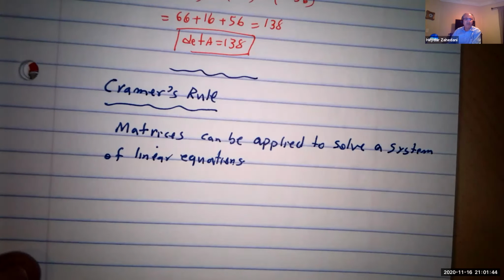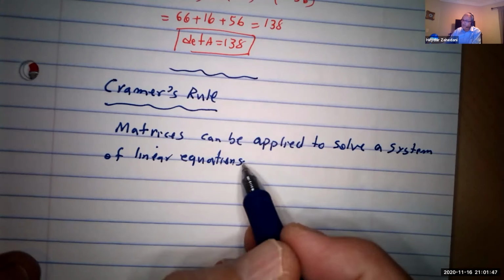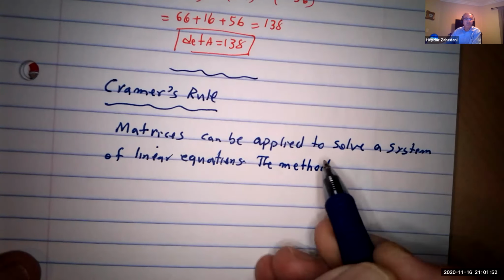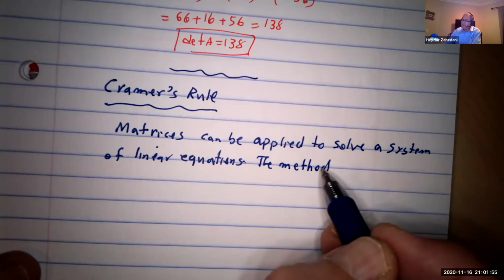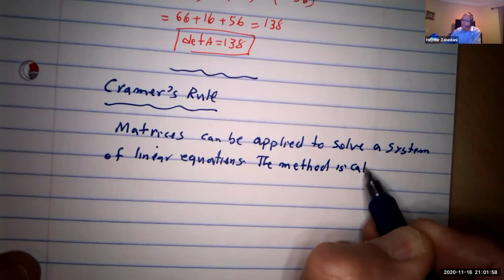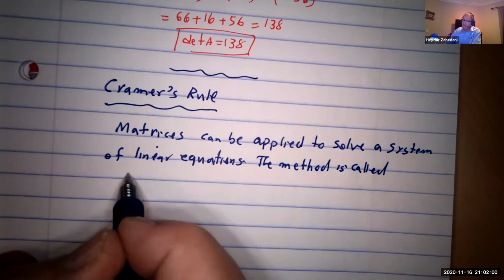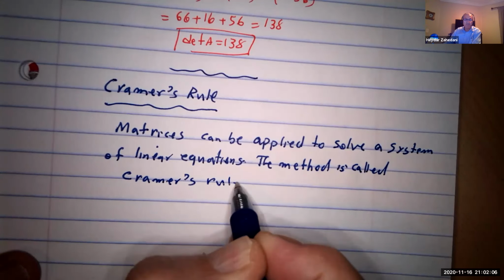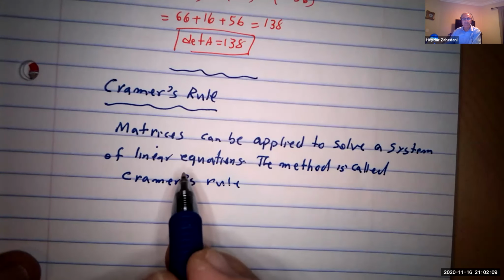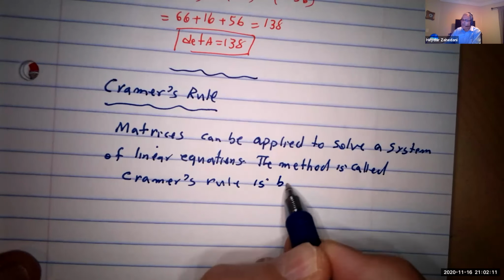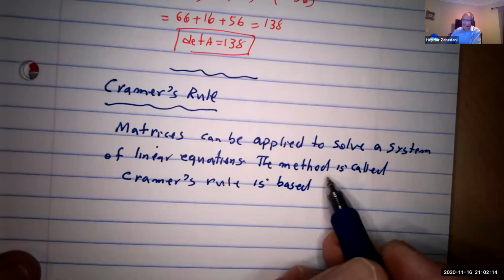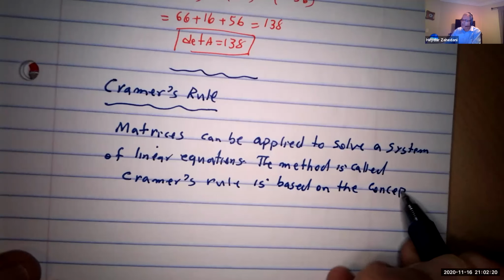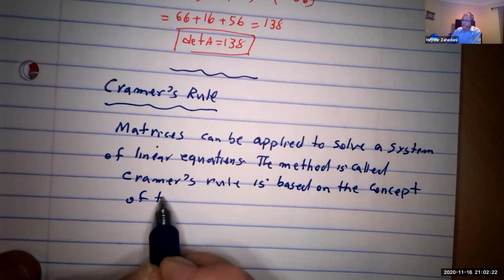Now the method is called Cramer's rule, and this method is based on the concept of the determinant.